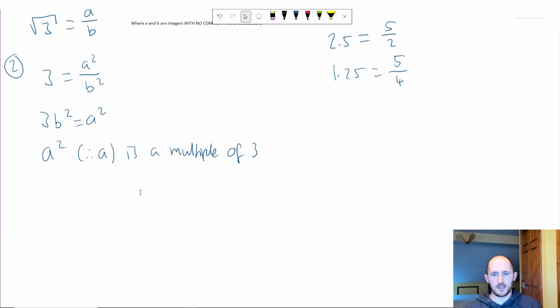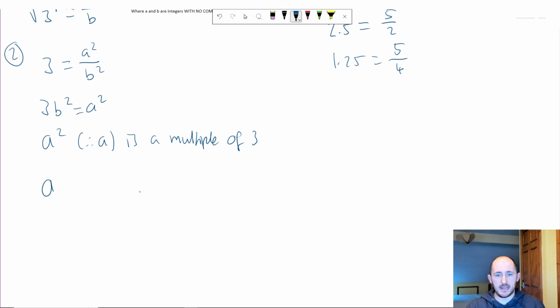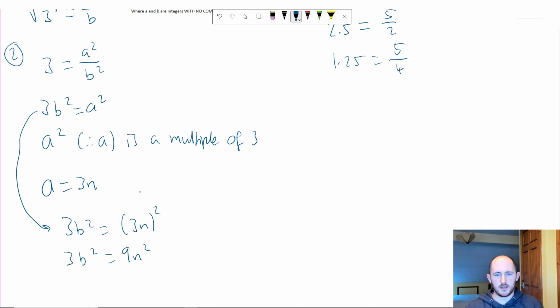Wonderful. Which means we could write a as 3n, because it's a multiple of 3. Now if I sub that back into here, we get 3b squared equals (3n) squared. And you can probably see where I'm going with this, maybe, possibly. 3b squared equals 9n squared. Divide both sides by 3, I get b squared is equal to 3n squared.